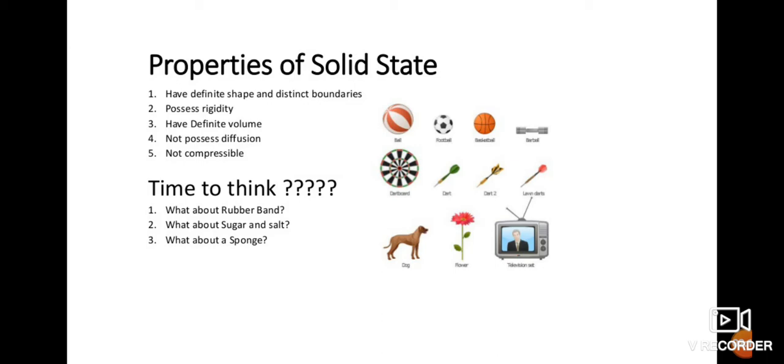Now, as we talk about sponge, a sponge is a compressible solid because there are minute pores inside the sponge that will make it undergo compression. So those air spaces, though they are present, will still make the sponge act as a solid.